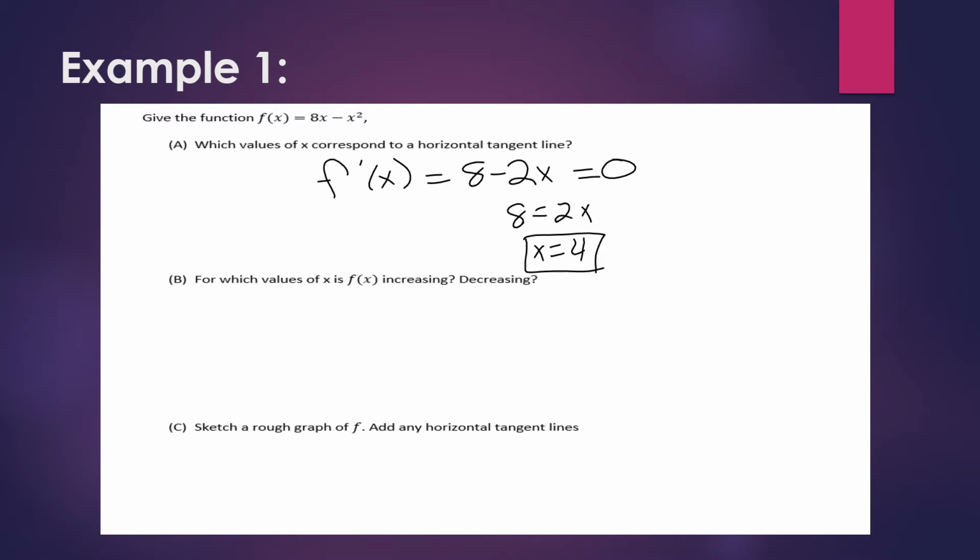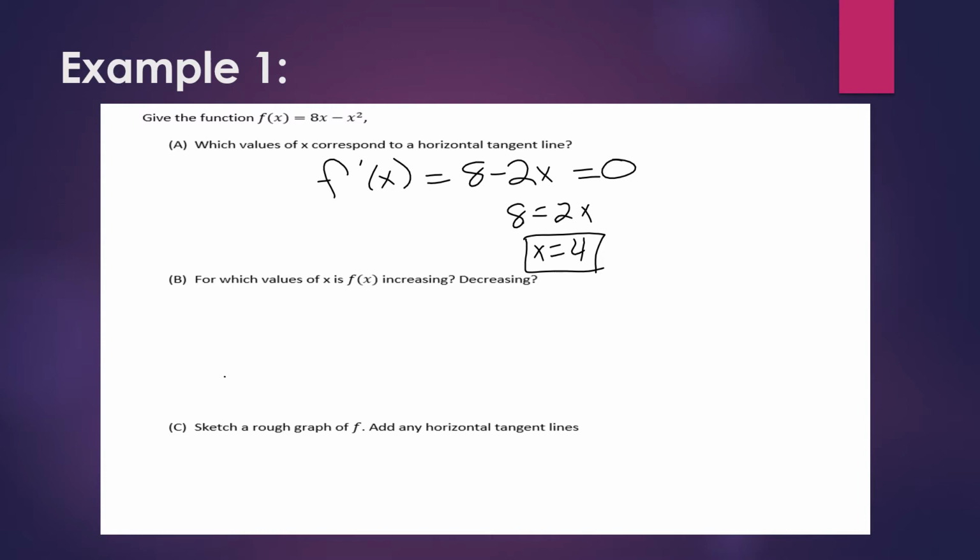For part B, they're asking for which values of x is f of x increasing, and then when is it decreasing? So we need to look at this derivative again. Remember, if the derivative is positive, we're increasing, and if the derivative is negative, we're decreasing.